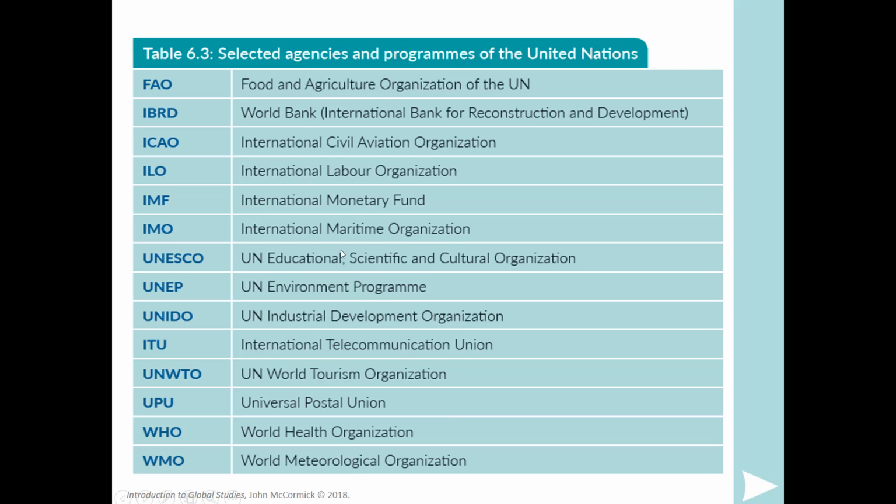So these are some of the programs of the United Nations. If you were a kid, I don't know if they have it here. No, they don't have it here. If you're a kid at Halloween time, you trick or treat for UNICEF. That was a branch of the United Nations, the United Nations Children's Fund.